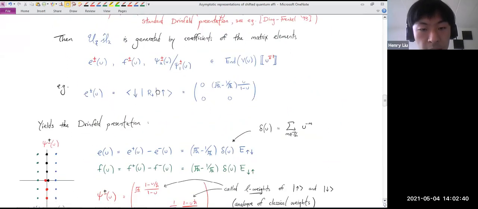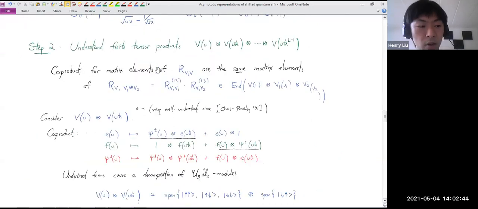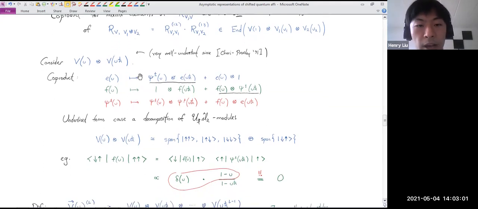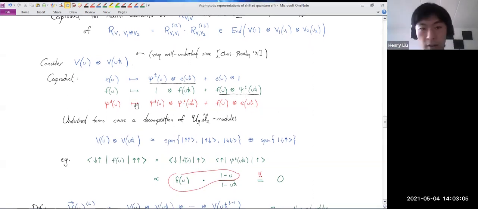Again, I won't write down the explicit details here because that's not super helpful. But you can just run this computation. It's fairly straightforward and not too long, in the case of V of u tensor V of u h bar. And you'll get these formulas for the coproduct.